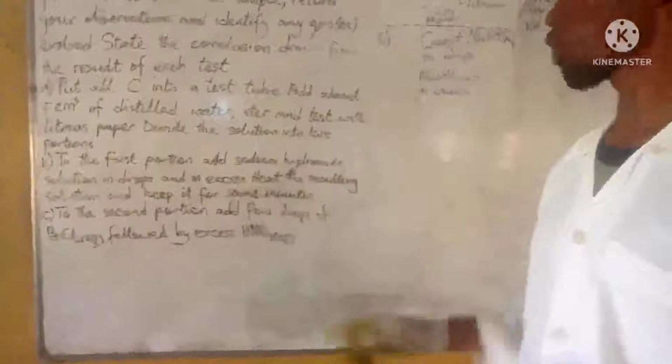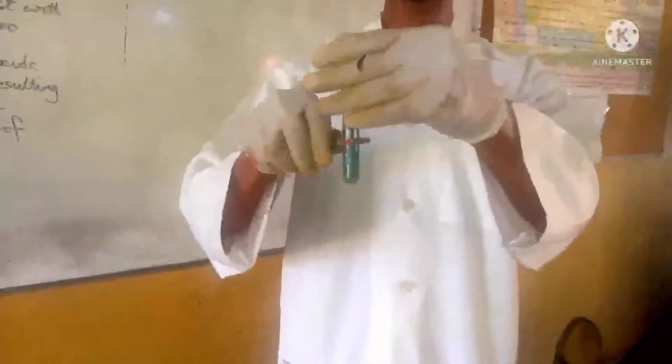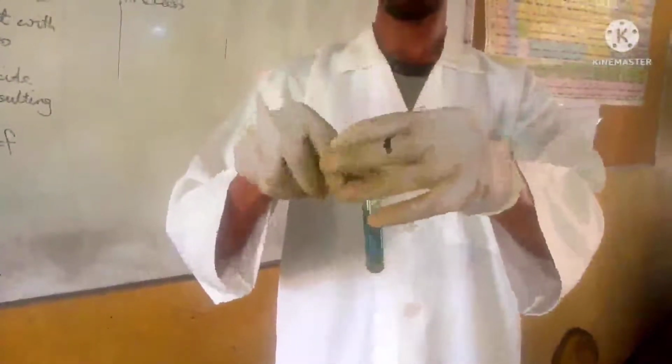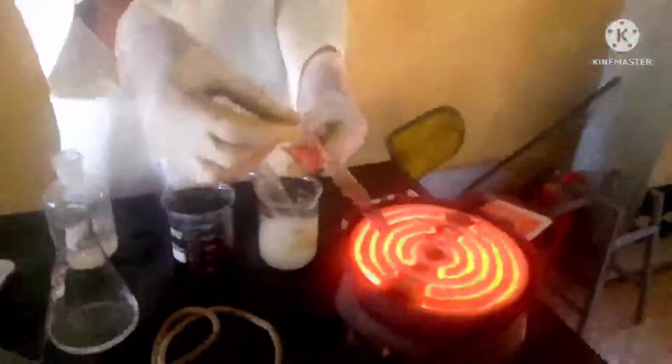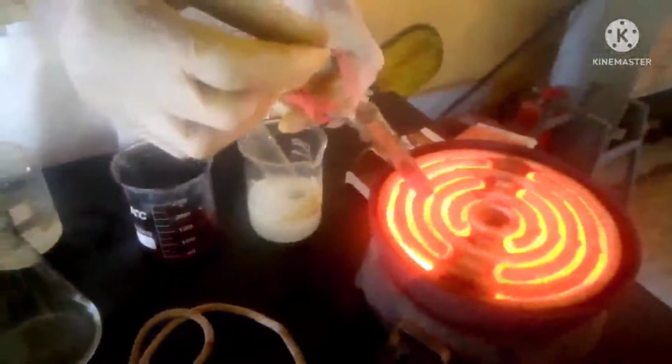But the instruction continues. We heat the resulting solution and keep it for some minutes. This is the solution, actually with the precipitate inside. We heat it. But of course, whenever you want to heat a solution, you get ready to test for any gas that would evolve. So I'm moistening my red litmus paper. I'm heating it, and I'm holding a moist red litmus paper. It has to be moist.